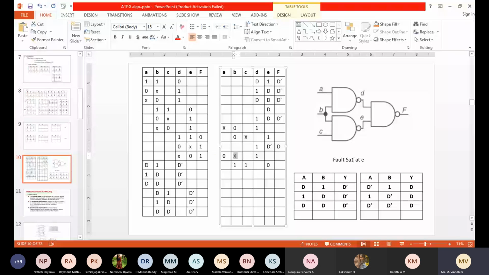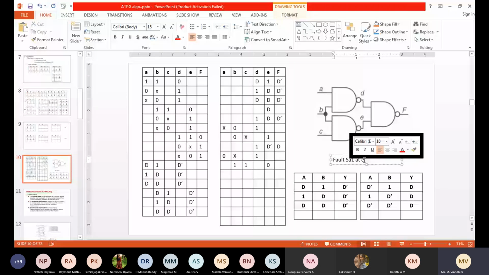Now everyone solve for stuck at 1 at B, second fan out.